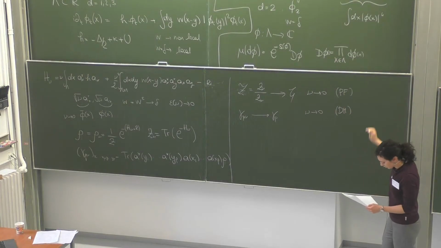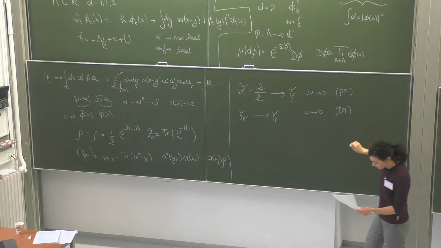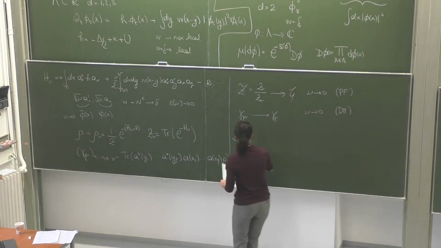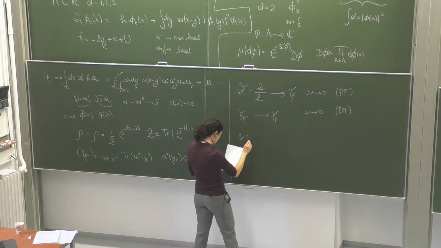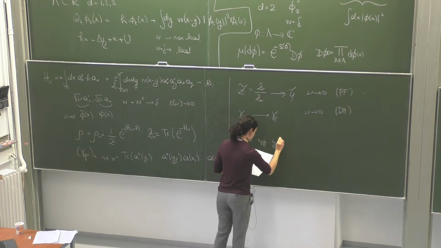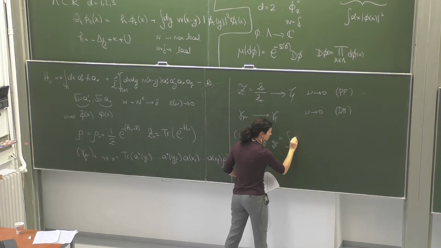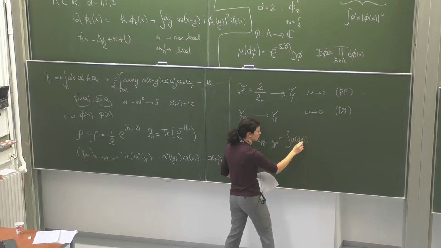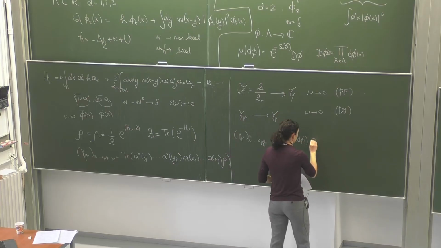So we are looking for these two limits, and the correlation function, I just define it briefly, is the integral with respect to the measure phi.